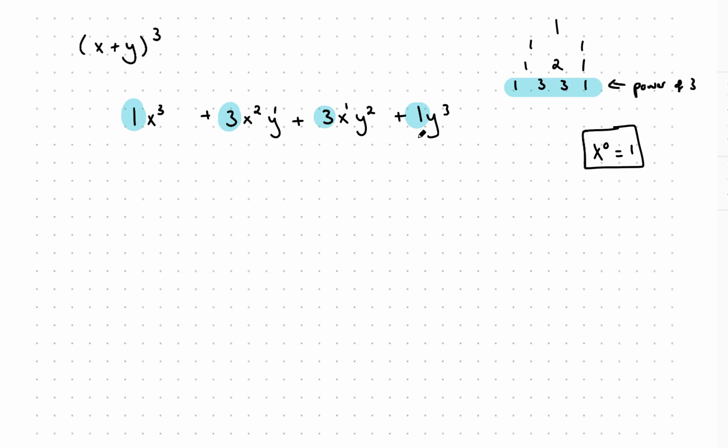We can describe the rule using mathematical notation now. If I have x plus y to the power of n, it's going to be the sum of, so I'm adding them up, that's what I'm doing each time, starting at r equal to 0, going all the way up to n, of n choose r, x to the n minus r, y to the r.